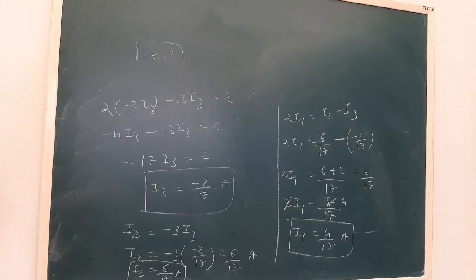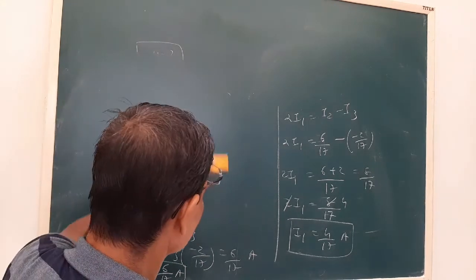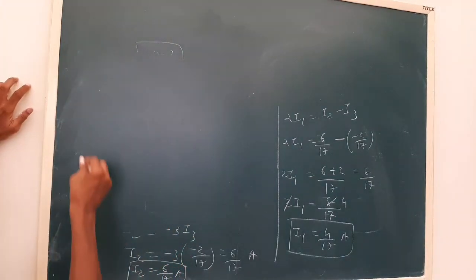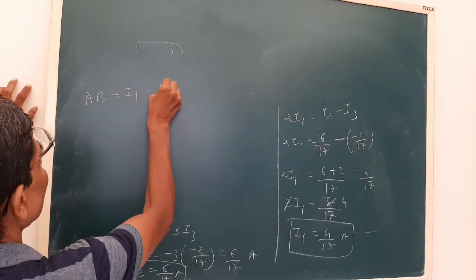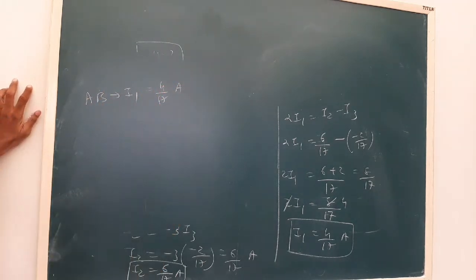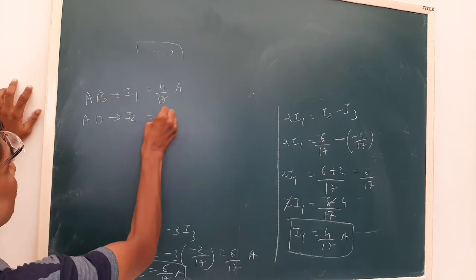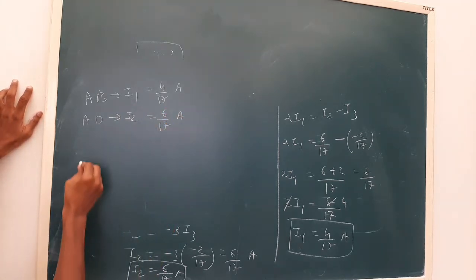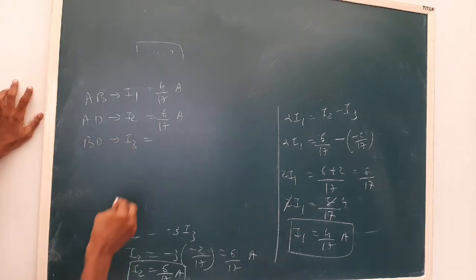Now we can write the current in each branch. Current in the AB branch is I1, that is 4 by 17. Current in the AD branch is I2, that is 6 by 17. In BD, what we obtain is minus 2 by 17.